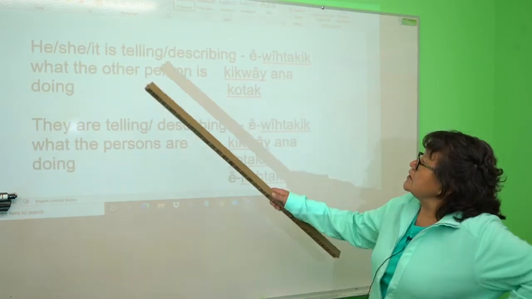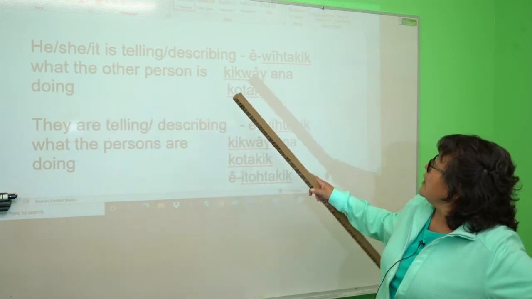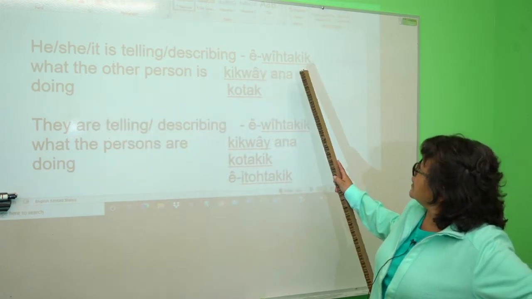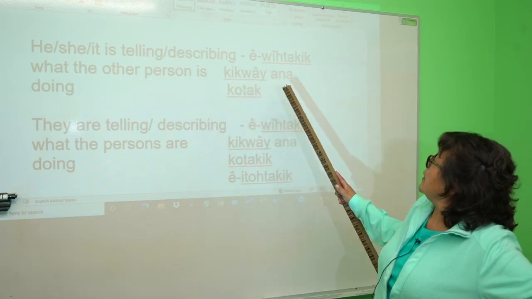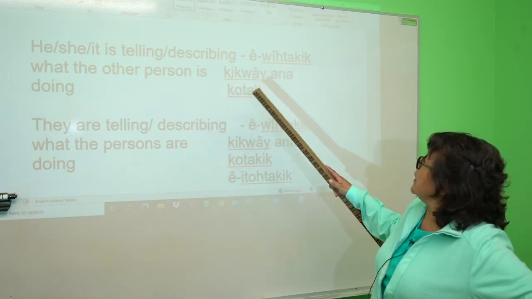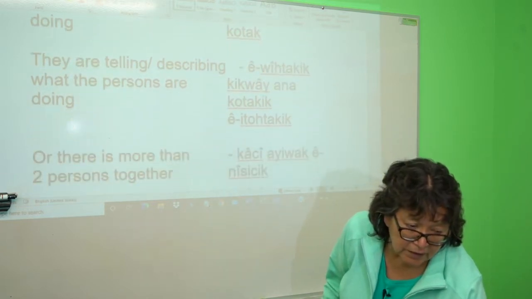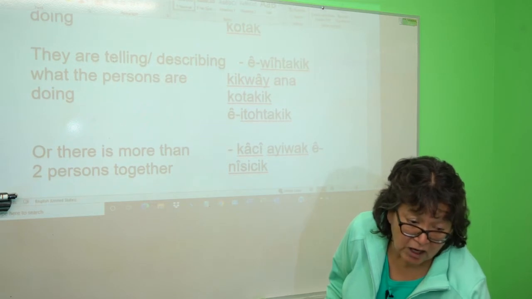He, she, it is describing what the other person is doing. Ewi ta kik kigwe ana kotak. They are describing what the persons are doing.